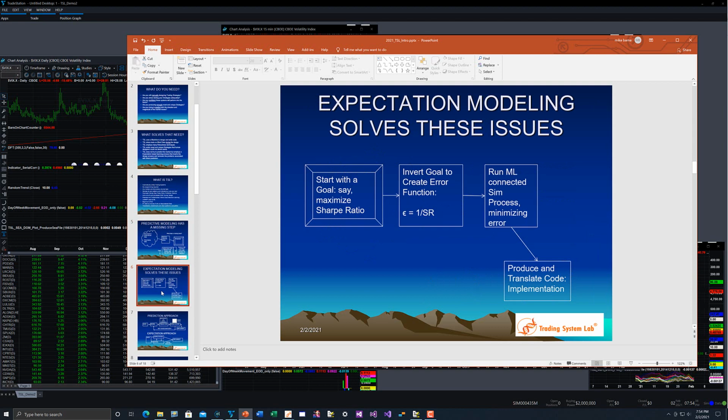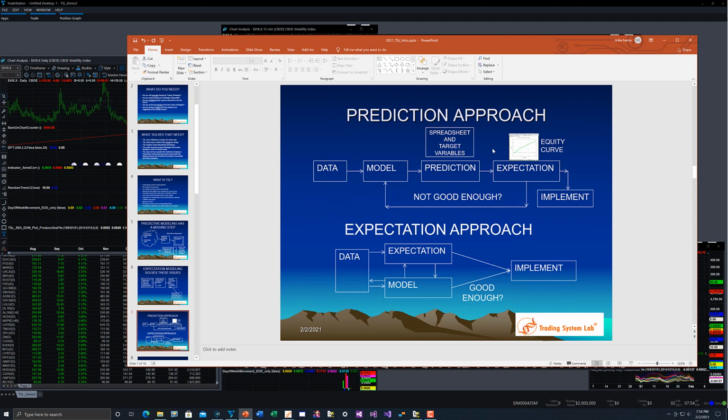So in the expectation process, we simply start with a goal, we invert it, we run the ML connected to the sim process, and we produce and translate the code. Looking at it a slightly different way, here is the prediction approach, the old school way, if you will, of using these predictive models.